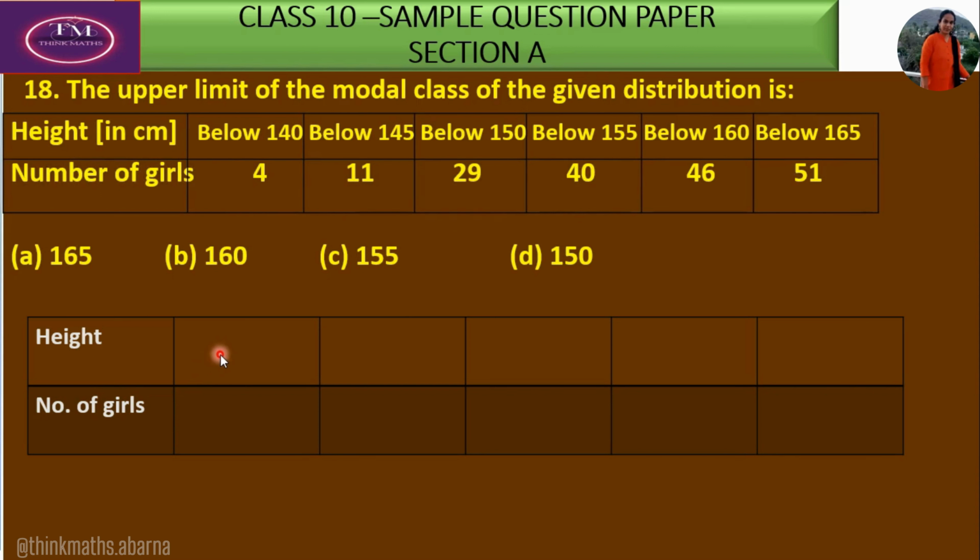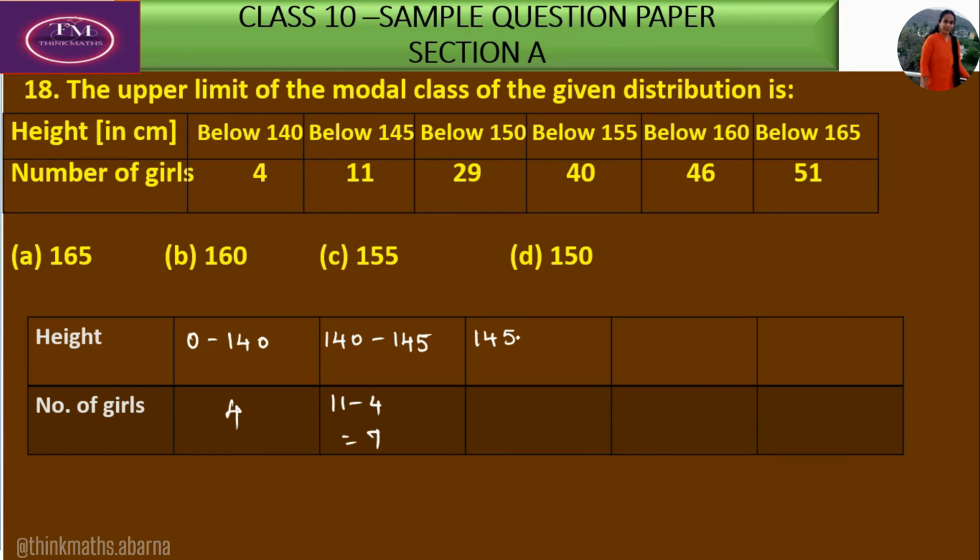We can form the limits starting with 0 to 140. Below 140, how many girls? 4. Next we have 140 to 145. From 11 we take out 4, so 11 minus 4 is 7.